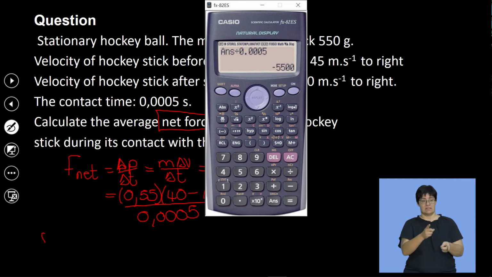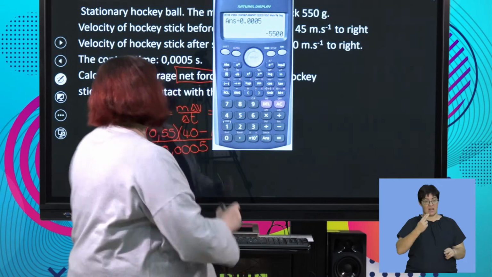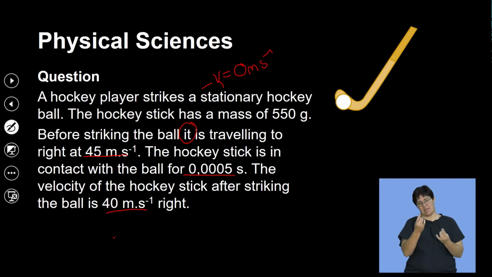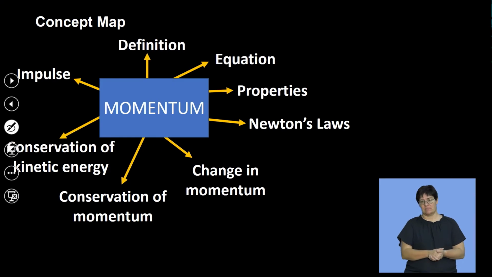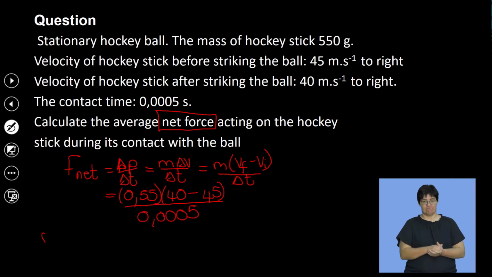And I get an answer. It's not a fraction, which is great. Remember, we don't work with fractions, okay? Your final answer must be a normal number. Oopsie, wrong way. There we go. So, minus 5,500. What does that tell me?